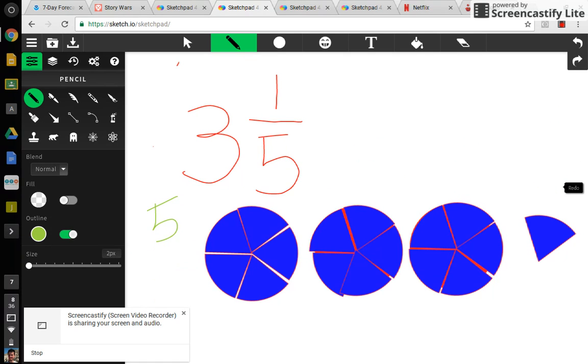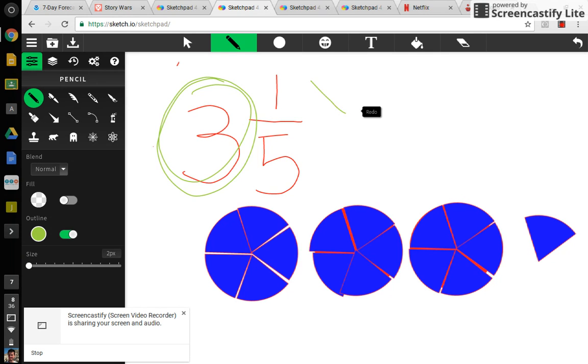A really easy strategy to figure out how many fifths you can get out of your whole number is you can just take your whole number and multiply it by your denominator, okay? So in this case, it would be 3 times 5 equals 15 fifths.